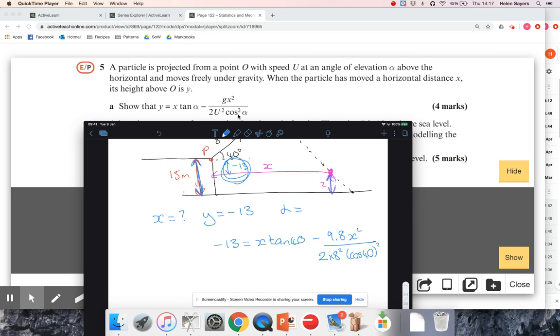So I've got minus 13, tan 40 is, and I'm going to use a few significant figures here so I don't lose any accuracy, 0.8391. I think that should be okay. That's just the value of tan 40. And then all of this is just going to be my coefficient of X squared, so that can go straight into my calculator.